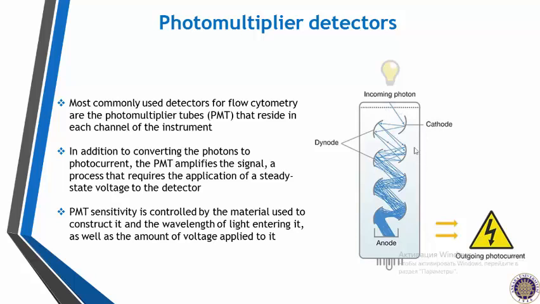And when this ejected electron is focused on the dynode, 2 electrons for 1 electron will be ejected each time the electrons strike the dynode. As a result, the number of electrons will be amplified, and by the time they strike the anode, a photocurrent of a much larger amplitude will be formed.